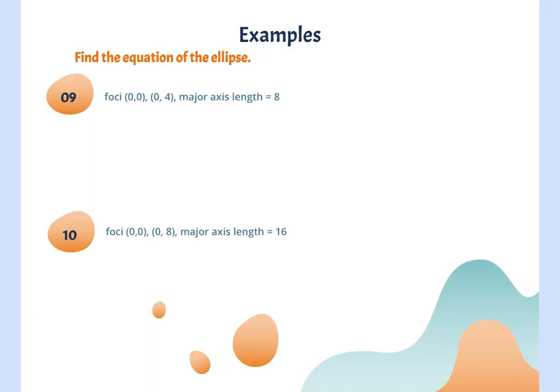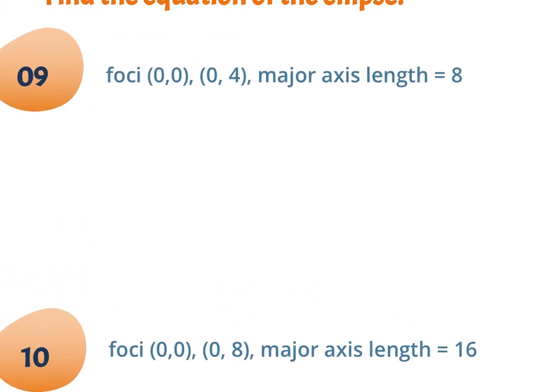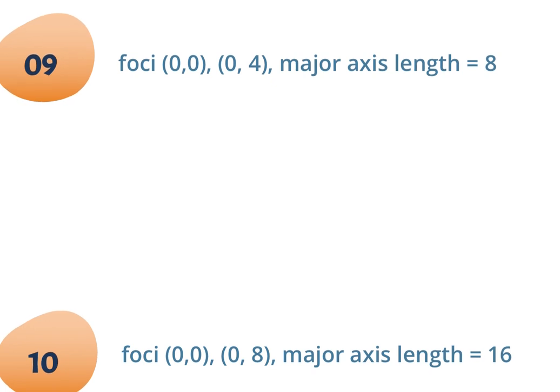All right, last 2 examples. Number 9, God bless you. Thank you. Says foci 0, 0 and 0, 4. What does that tell you?